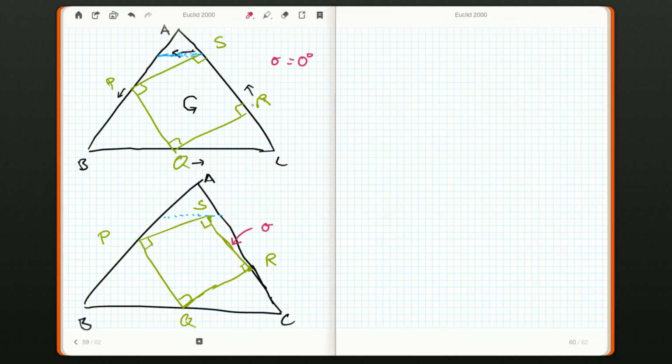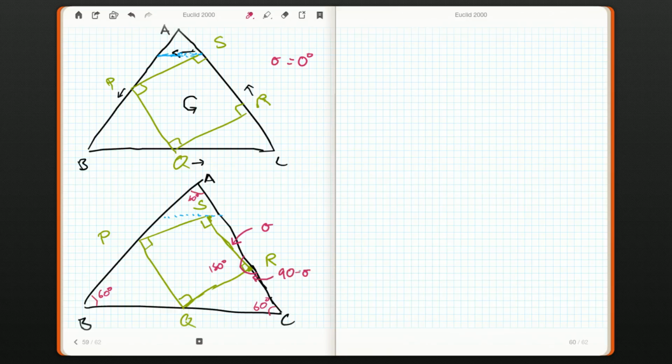So up here, sigma would be 0 degrees. Now we know that it's an equilateral triangle, so we have 60 degrees here, 60 degrees up here, and 60 degrees up here. And we know that this in total should be 180 degrees. So this is going to be sigma plus 90, all subtracted from 180.